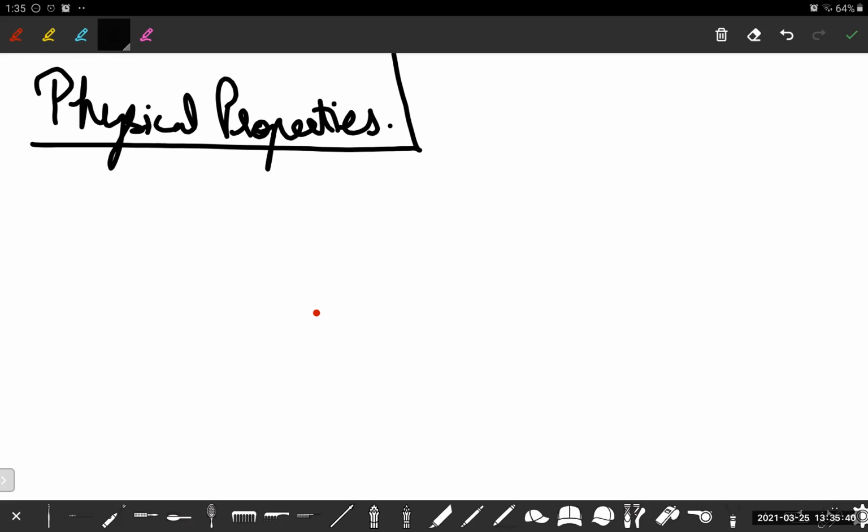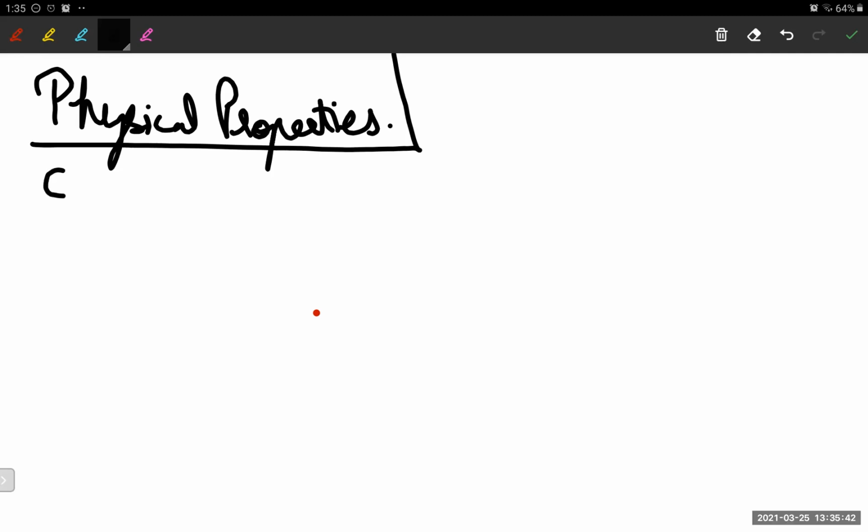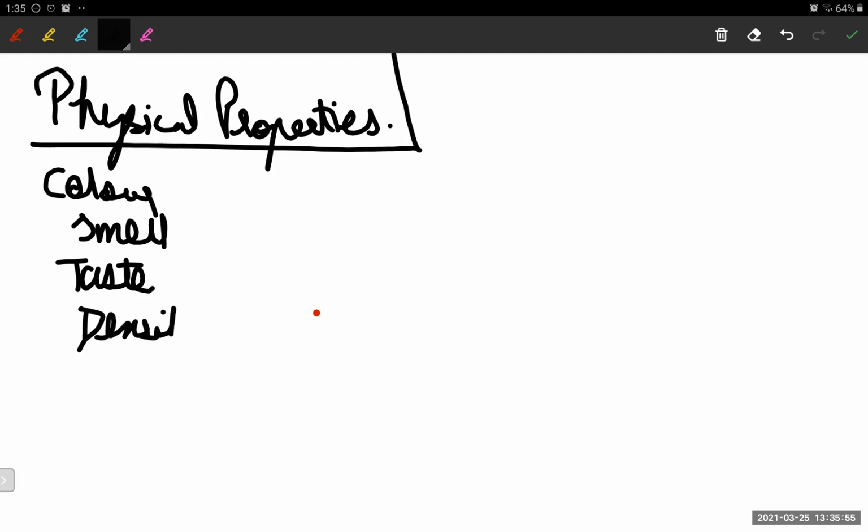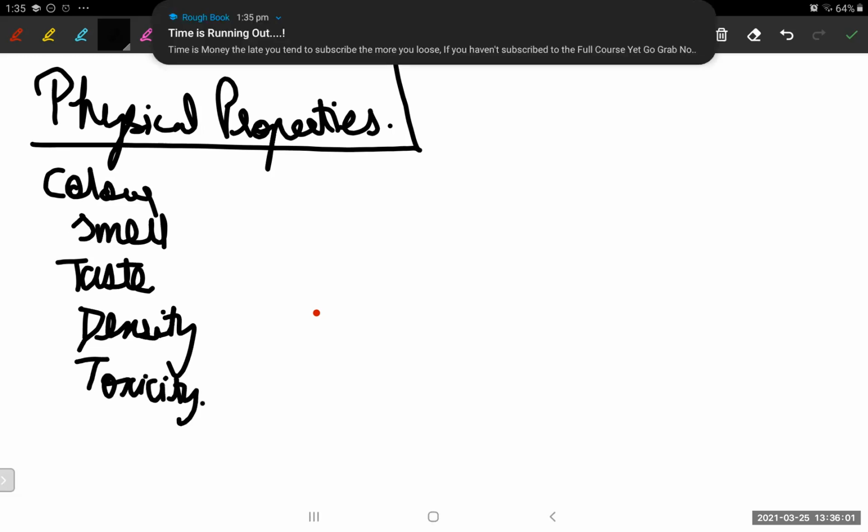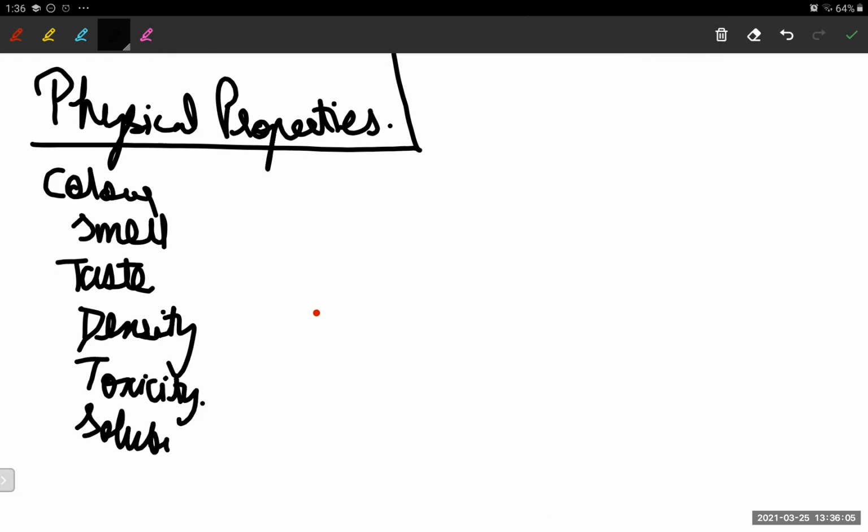First of all, yesterday we did what? We wrote down what is the color of it, what is the smell, what is the type of taste, what is the nature, what is the density. Then what we did, the toxicity. Then solubility, right?